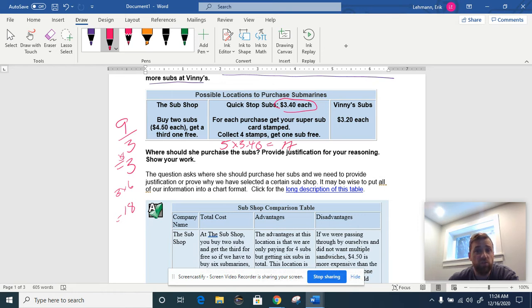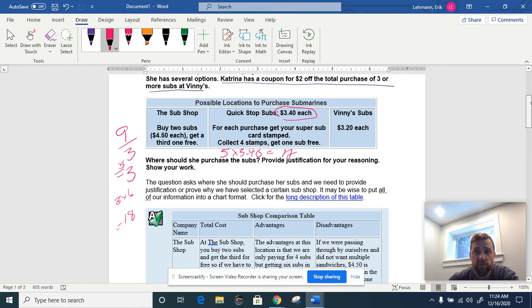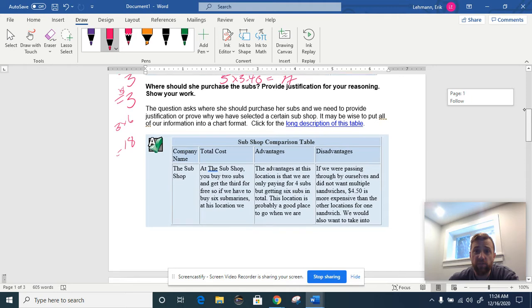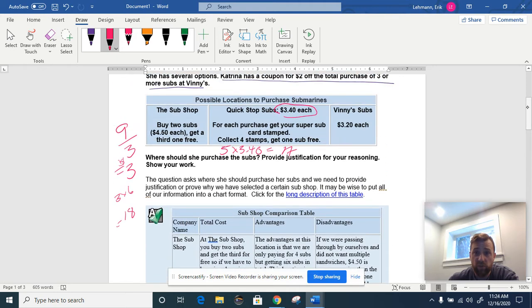And Vinnie's subs is just straight up $3.20 each. Now, here's the thing. Let's be careful here. $2 off total purchase of 3 or more subs. So Vinnie's is going to be 3.20 times 6. 3 times 6 is 18, and 6 times 20 cents is $1.20.